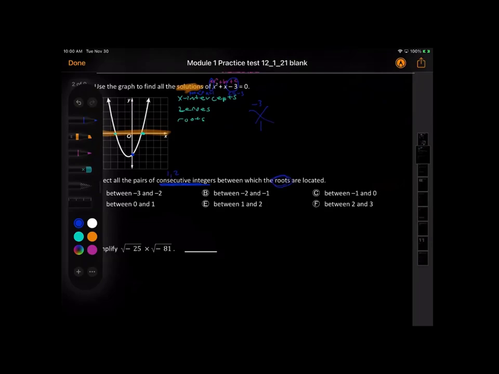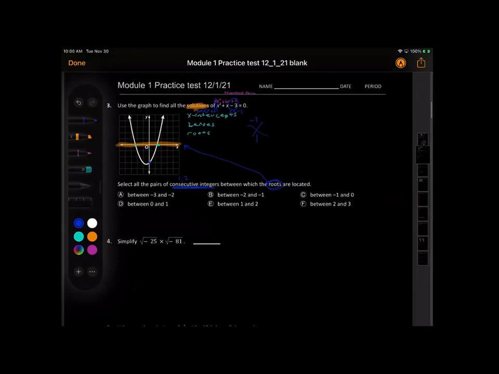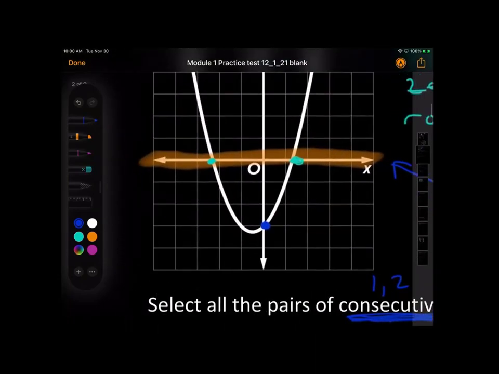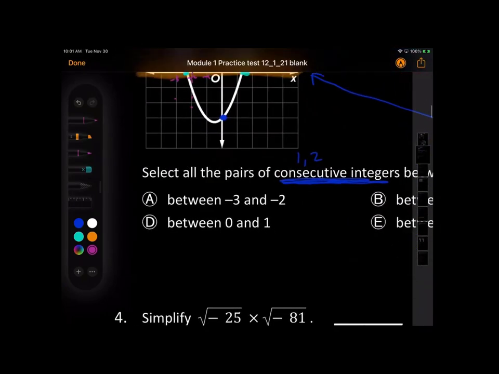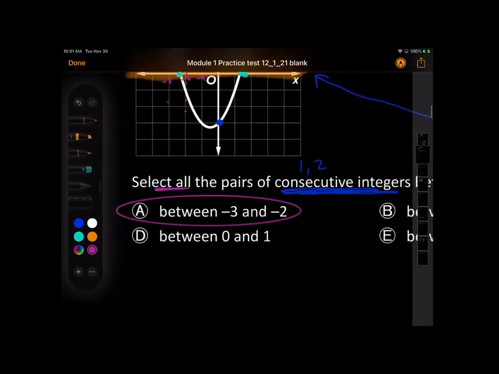between the roots that are located. So we talked about roots are basically where it's crossing, right? So if I look over here, this is -1, -2, -3. So it's between -3 and -2. So that would be choice A. Now it does say select all, so that means there's multiple.